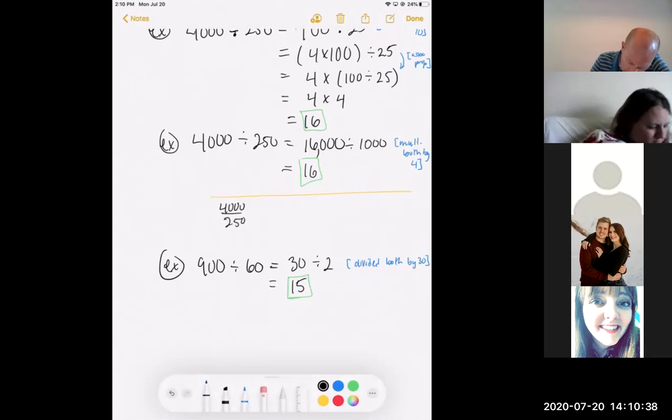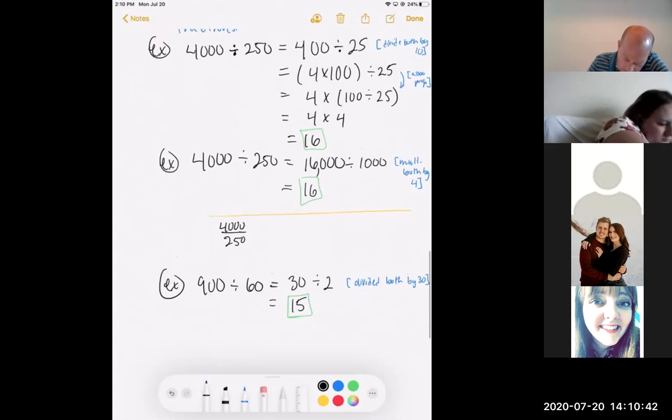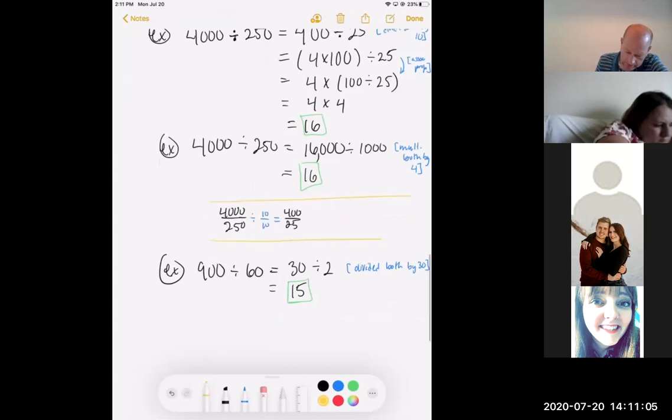Now this first one we made into 400 divided by 25. And you can do that from dividing the numerator and denominator by 10 over 10, or sort of dividing the problem by 10 over 10. So that's one way that you did the equivalent fractions.